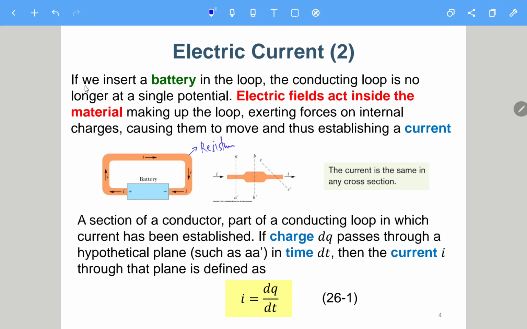Okay, so it says if we insert a battery in the loop, the conducting loop is no longer at the same potential. Electric fields act inside the material making up the loop, exerting force on the charges, causing them to move, and thus establishing current. So there will be some electric field inside. In the past, I mentioned that there's no E field inside. But for this case, if you put a battery here, then there will be an E field inside the conductor.